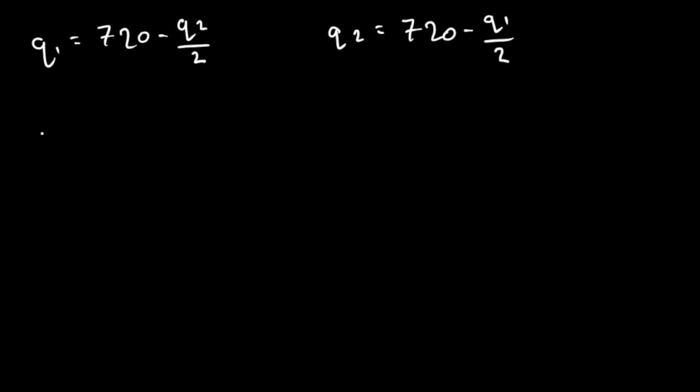Let's multiply this by 2 to get rid of the denominator, and that's going to be 1,440 minus Q2. Then get Q2 onto one side, Q1 onto the other.